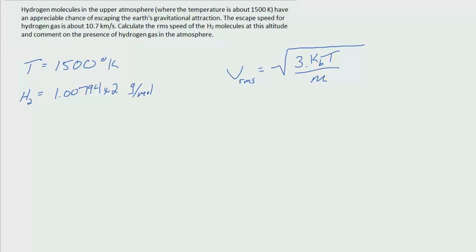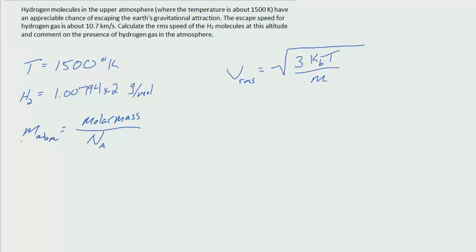Since k_B is a constant and our temperature is given to us, we have to calculate the mass of our hydrogen molecule. The mass of a molecule can be calculated by taking the molar mass and dividing it by Avogadro's number.